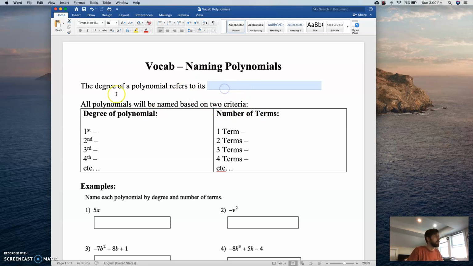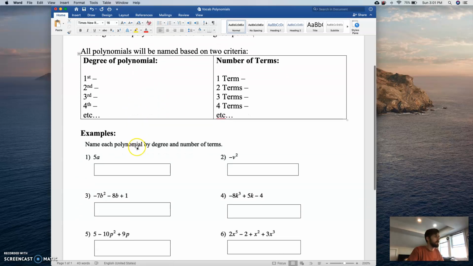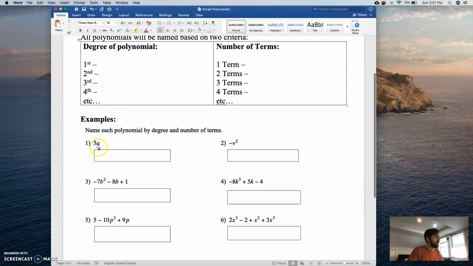So the first definition, the degree of a polynomial refers to its highest power, or biggest exponent. So, for instance, in this example, 5a, there's no power there, so that would be a 1, so the highest power there is a 1.